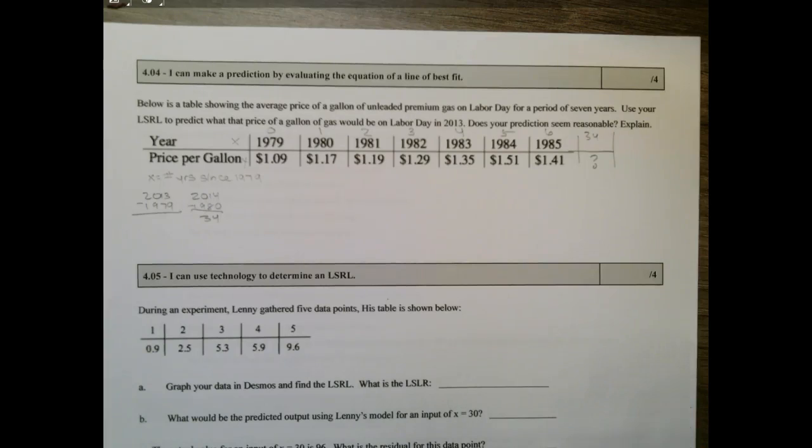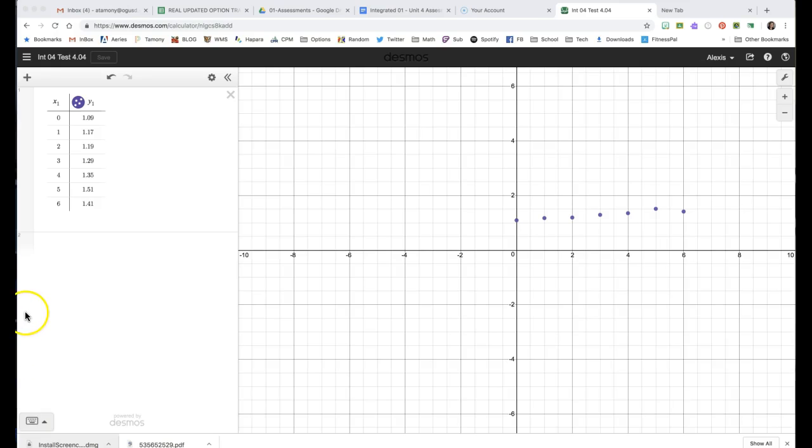All right. Now I'm going to move over to Desmos and I'm going to enter this data into a table. So I had opened Desmos, and to save time, I had previously entered the data. So this is 1979, 80, 81, 82, 83, 84, 85. And there are the prices. So if we want a least squares regression line, we have a Y1 and an X1.